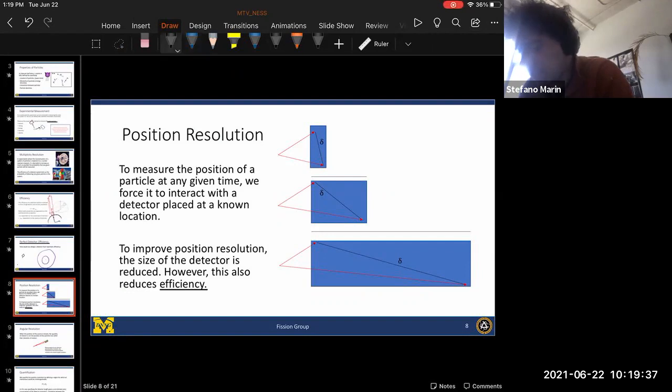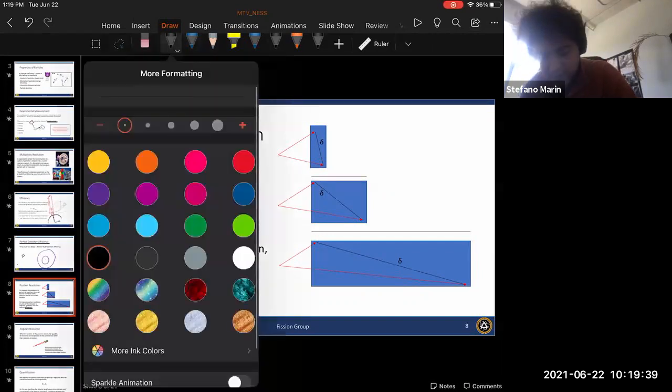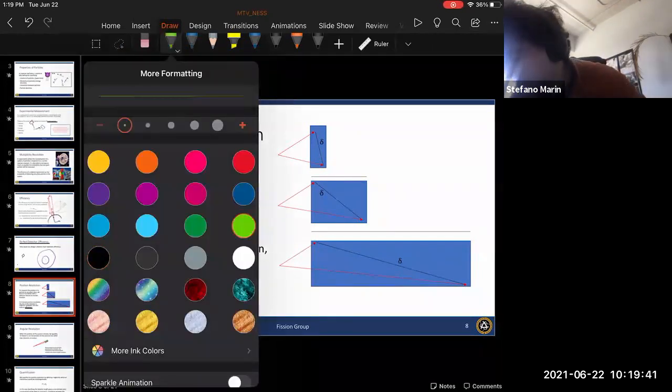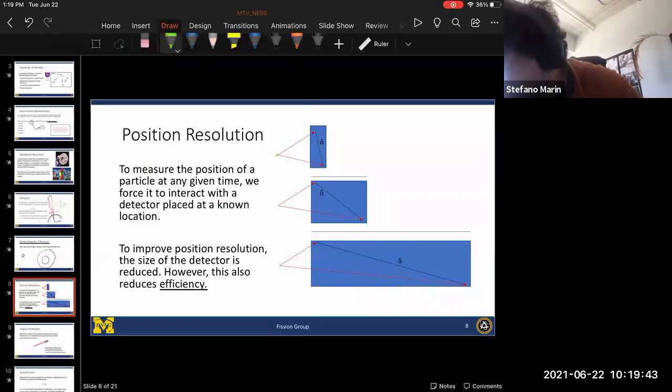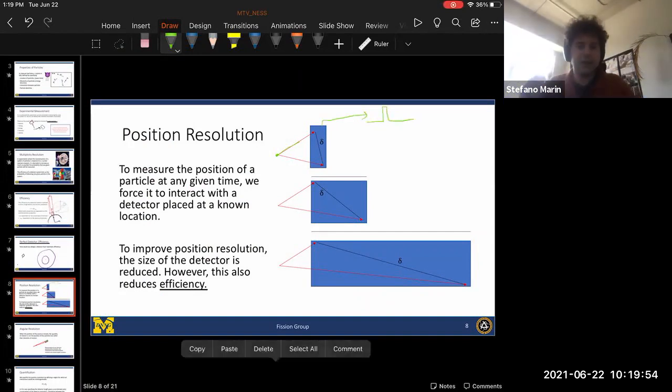So let's make an example, an instance of a particle starting from a source and interacting with a certain detector. All you get out of this detector is a signal, just a pulse that says, hey, there was an interaction happening in this detector.